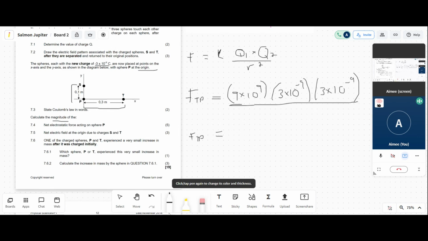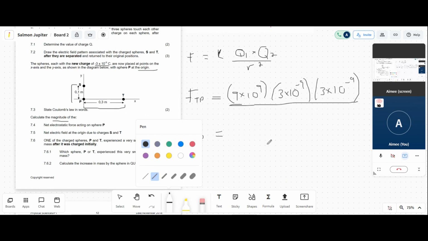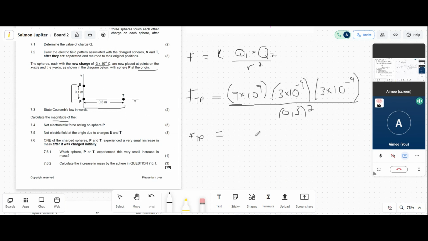So now instead I substitute in 0.3 squared. And once you've plugged that in, you get a value for the electrostatic force between T and P of 9 times 10 to the power of -7 newtons.